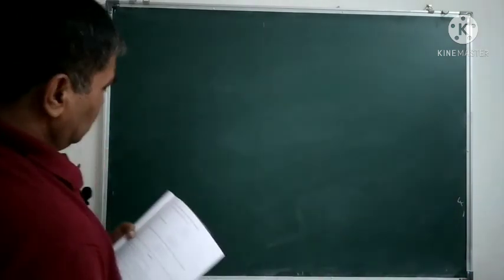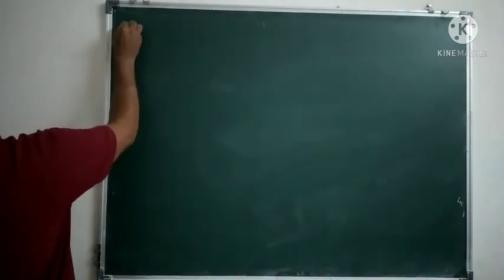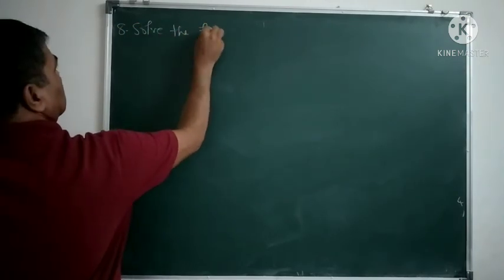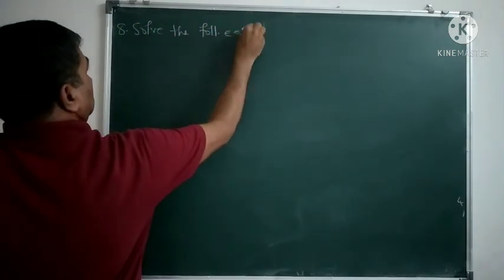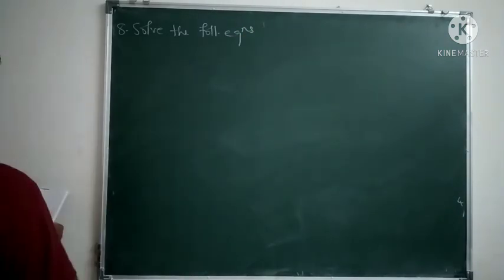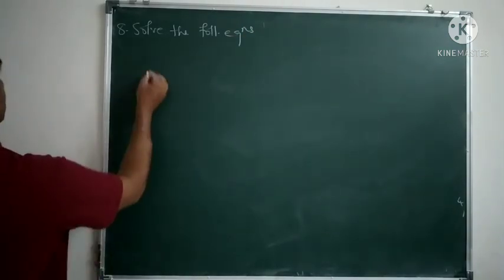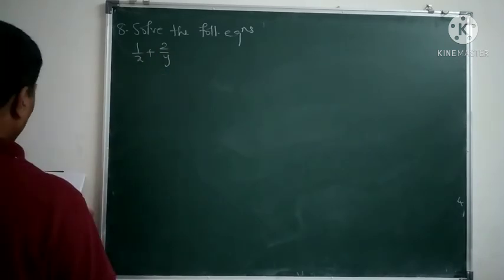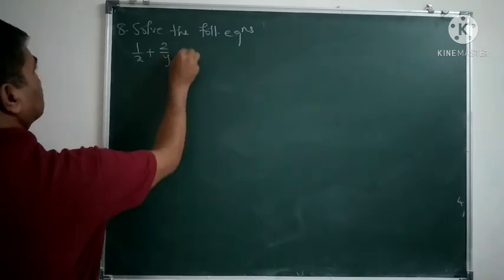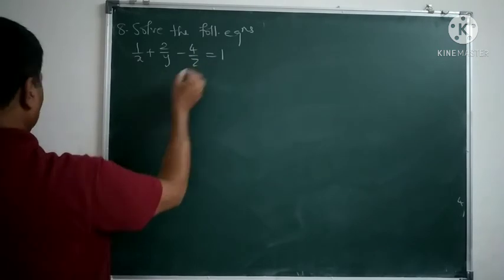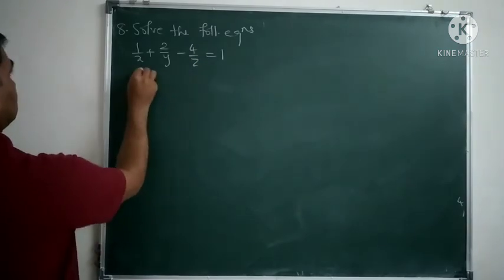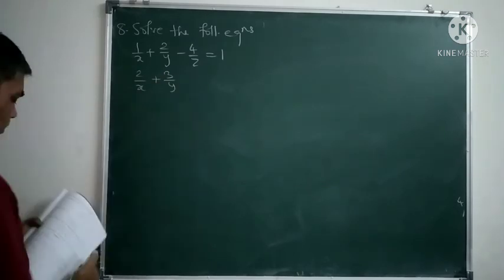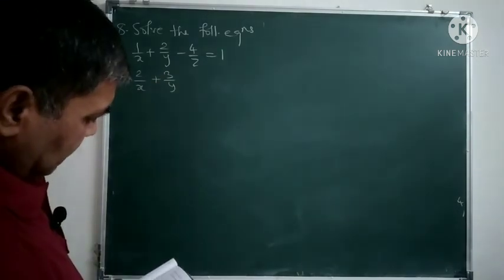Solve the following equations. 1 by x plus 2 by y minus 4 by z is 1, then 2 by x plus 3 by y plus 8 by z is 0.